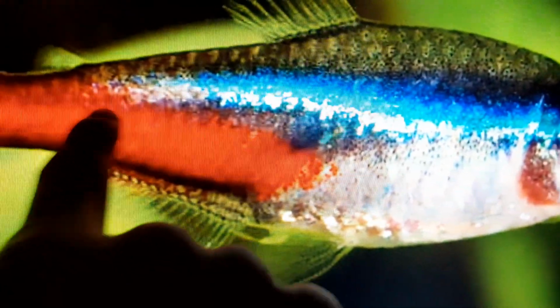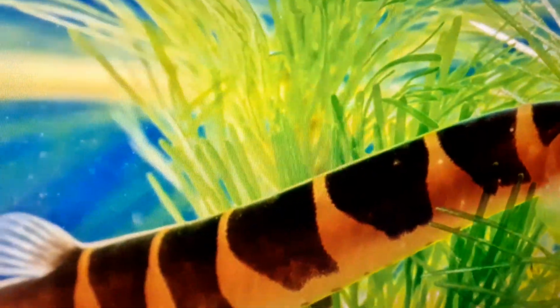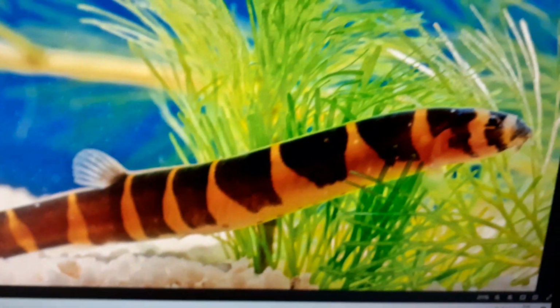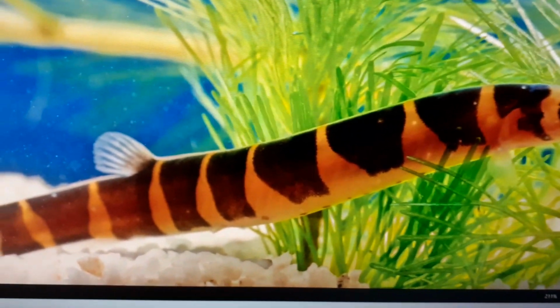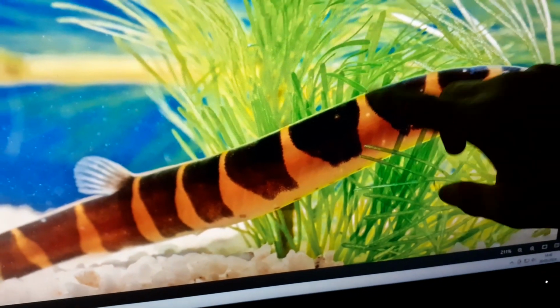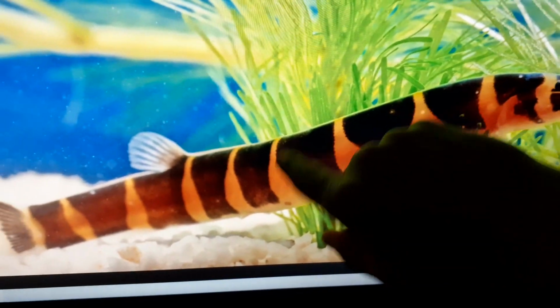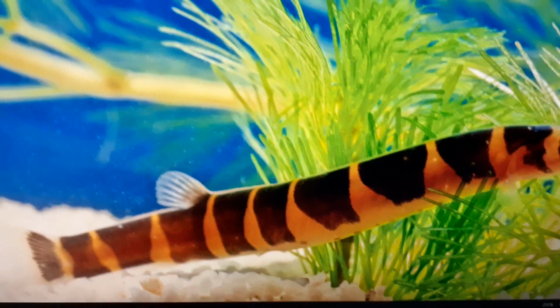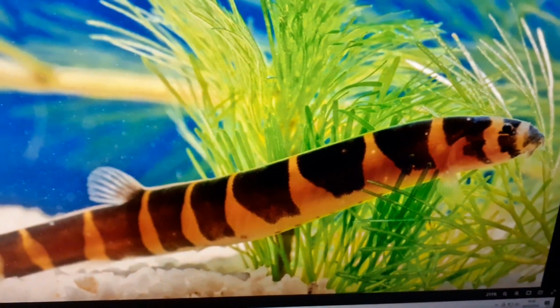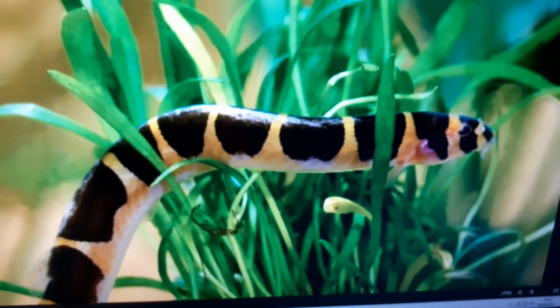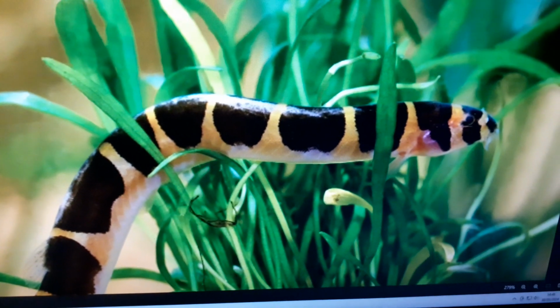More white there as well. Yeah, like the teeth of a wave, how it rolls over, it leaves these lines. Same again.